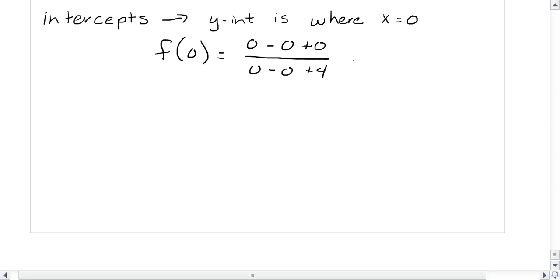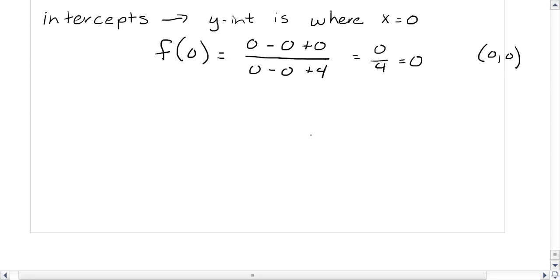So therefore, 0 over 4 is 0, and that's where we have our y-intercept. So the y-intercept would be at 0, 0.